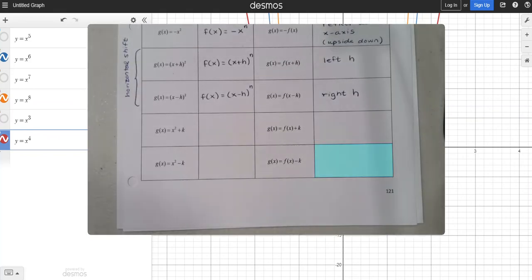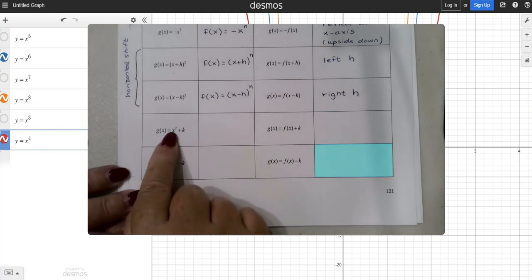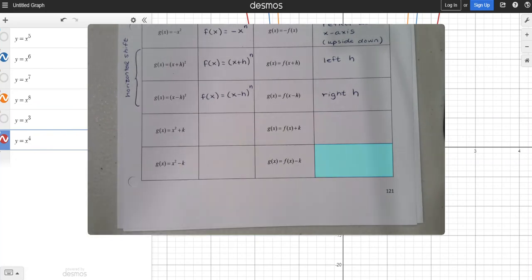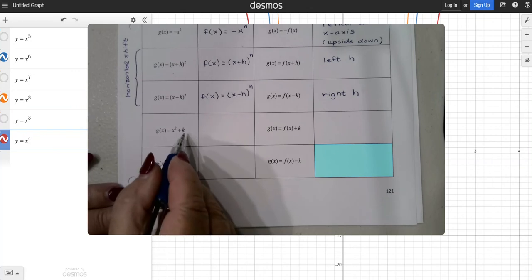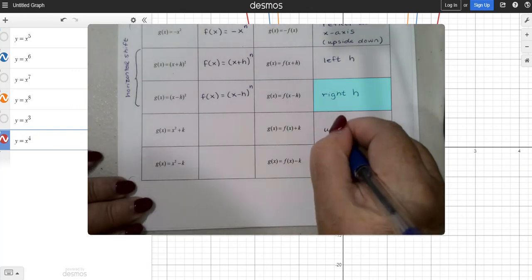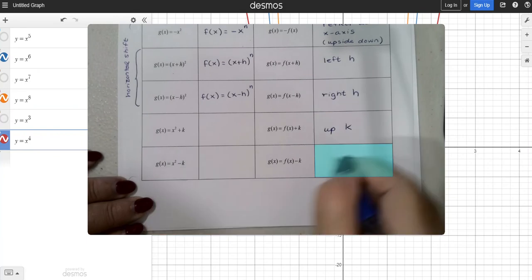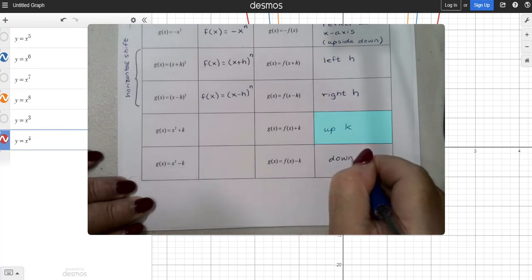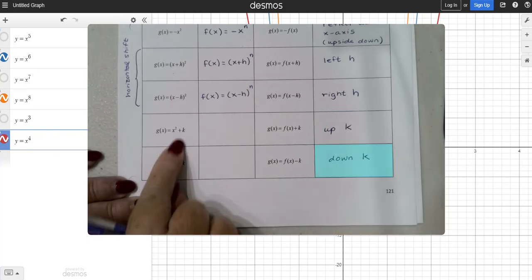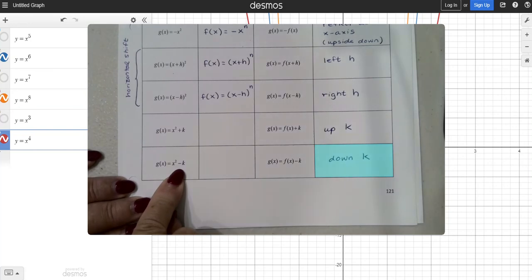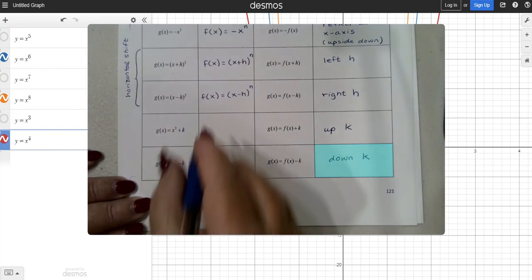All right, our last two. What if we add or subtract after we square the x? Those were the vertical shifts, right? Up and down. This one would go up k. This one would go down k. We looked at it specifically for parabolas before, but again, it works for any power function.